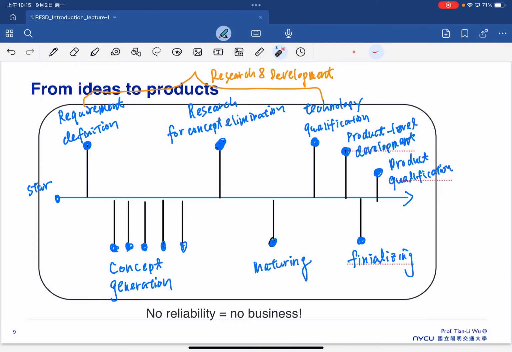But in this path from idea to product, there's still something missing. We have to be careful. During our R&D phase, it's already important to consider reliability issues. Otherwise, if you look at this timeline, actually none of this is reliability.